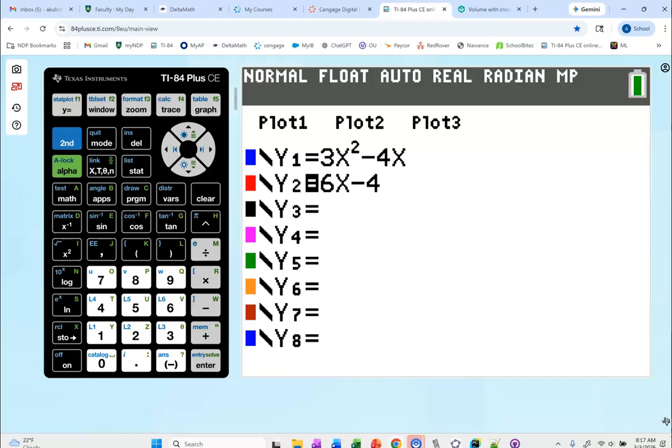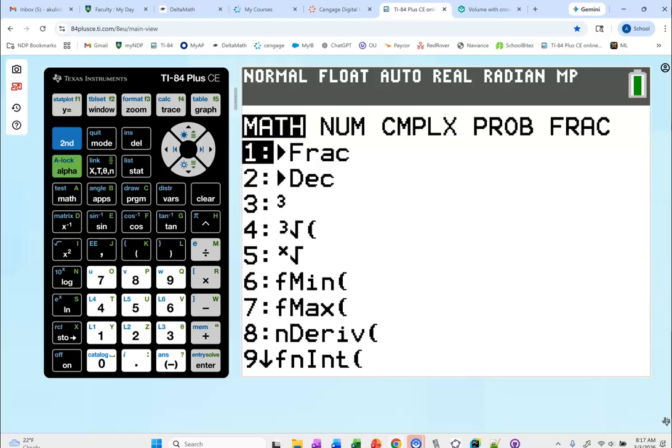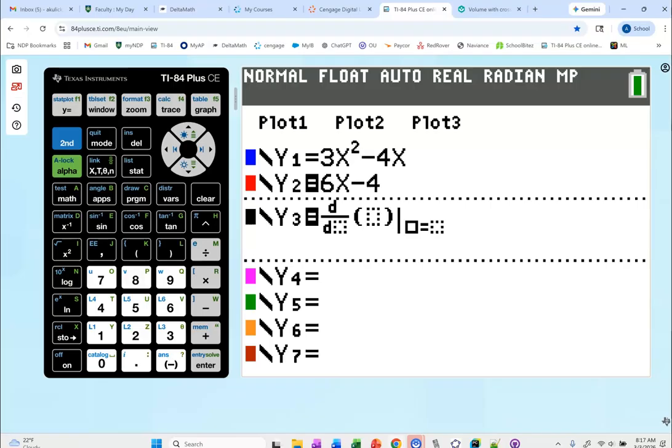So to have the calculator graph the derivative of 3x squared minus 4x, I'm going to press Math. I'm going to choose the nDeriv, do x, 3x squared minus 4x, and then here where it says x equals, put an x there.